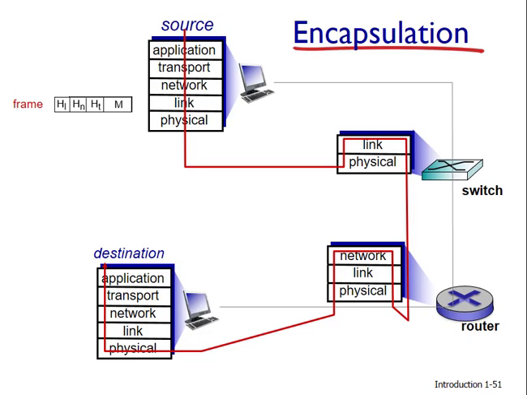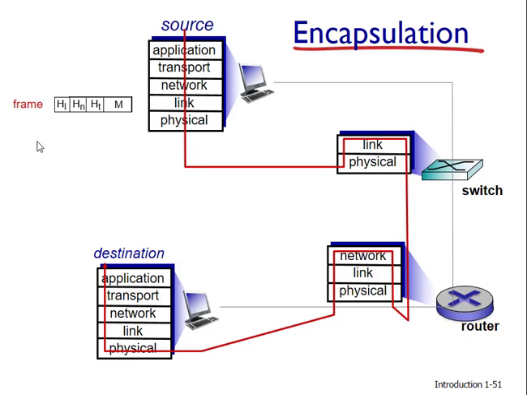Therefore, we see that at each layer, a packet has two types of fields, header fields and payload fields. The payload field is typically a packet from the layer above. And understand that at each layer, it has no idea what those bits it received from above represent. All it does is encapsulate them, add its own header information to each unit, and send it on.